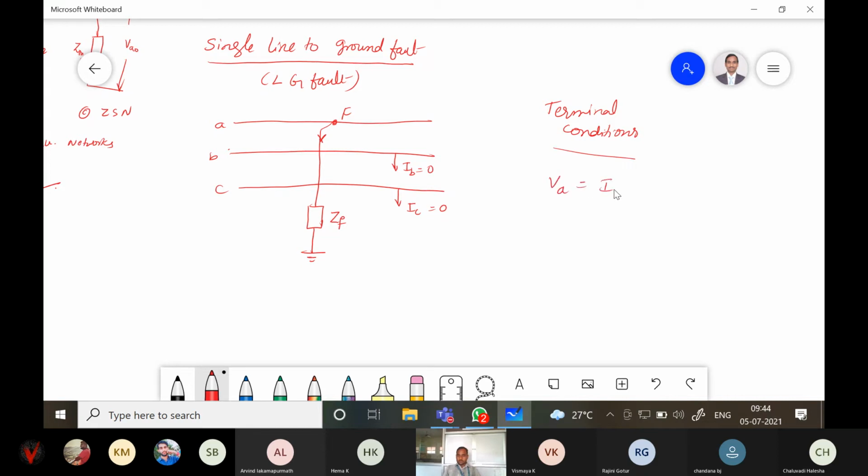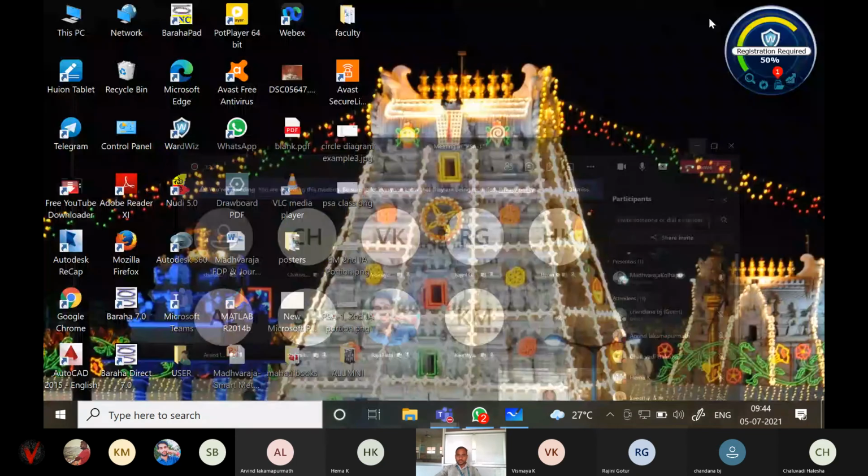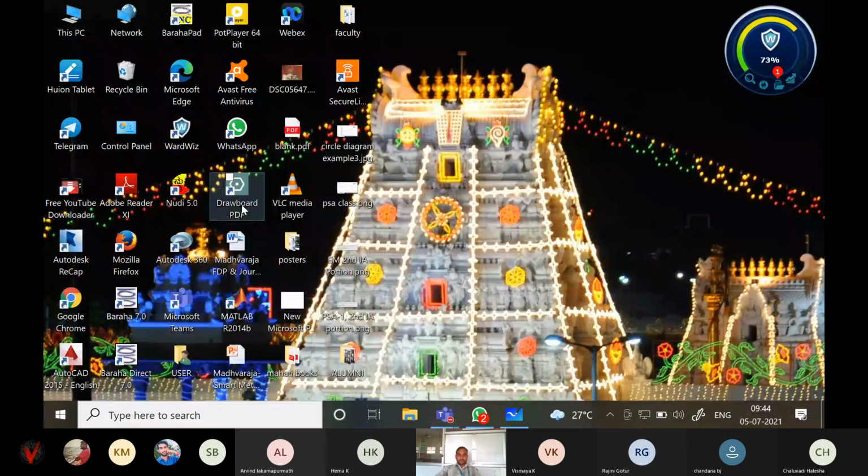IB is equal to 0 and IC is equal to 0, and the terminal conditions are VA equals IA into ZF, with IB equal to 0 and IC equal to 0. Everything in the derivation is the same, so I will show that derivation also.